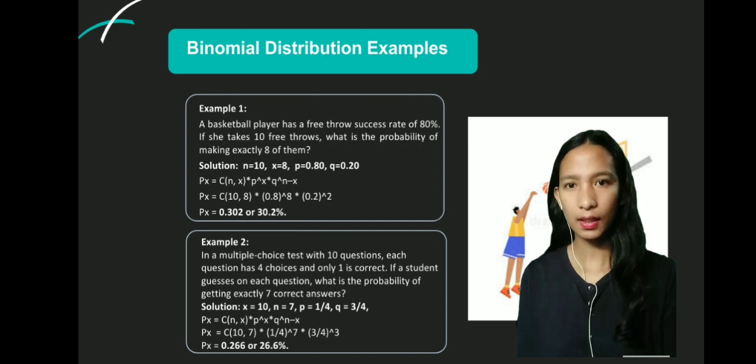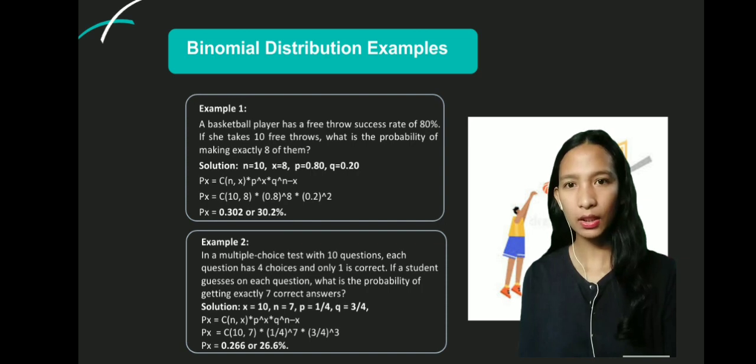Using the binomial formula with the given values of n equals 10, where it is the total number of questions, x equals 7, where it is the desired correct answers, p equals 1/4, where it is the probability of guessing the correct answer, and q is equal to 3/4, where it is the probability of guessing the incorrect answer.